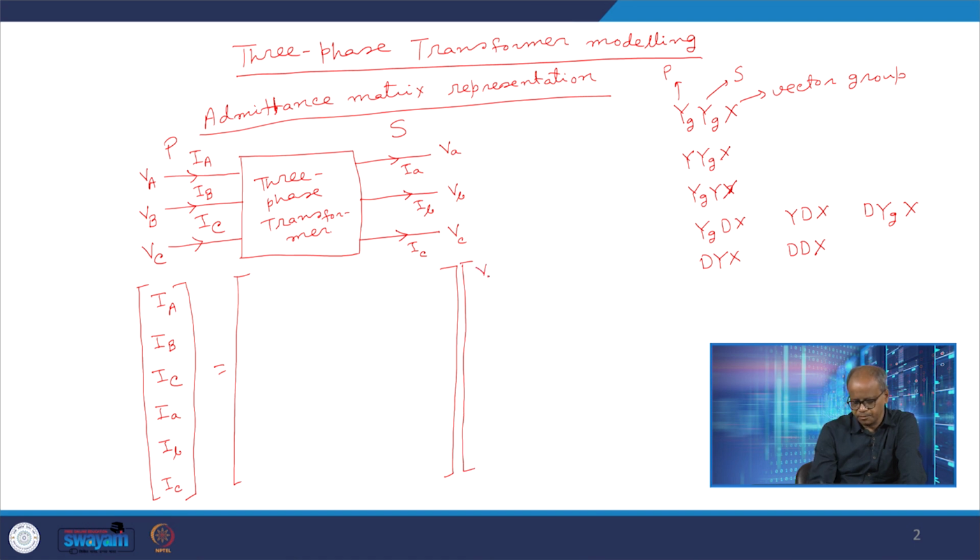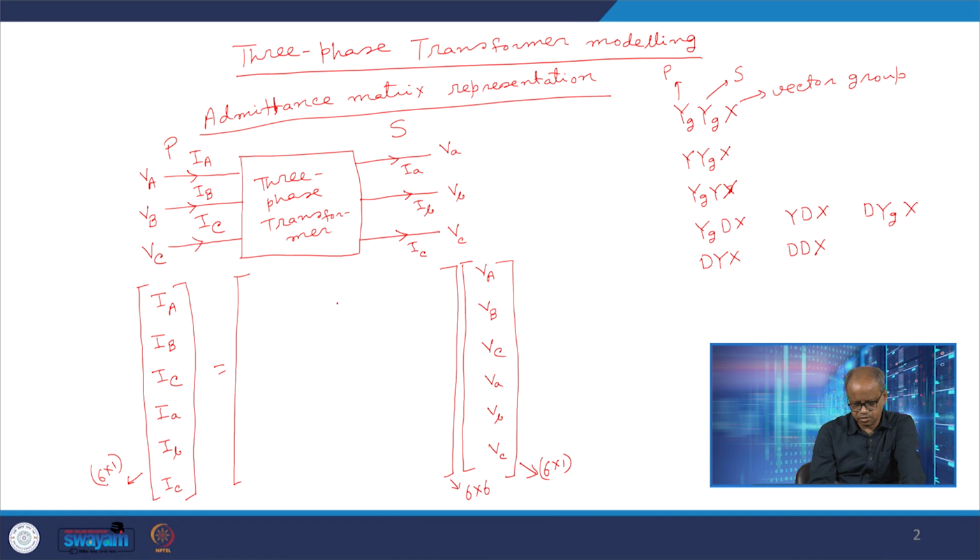So, it is some matrix representation. Now it is a 6 cross 1 vector, this is also a 6 cross 1 vector, and therefore this would be a 6 cross 6 matrix.